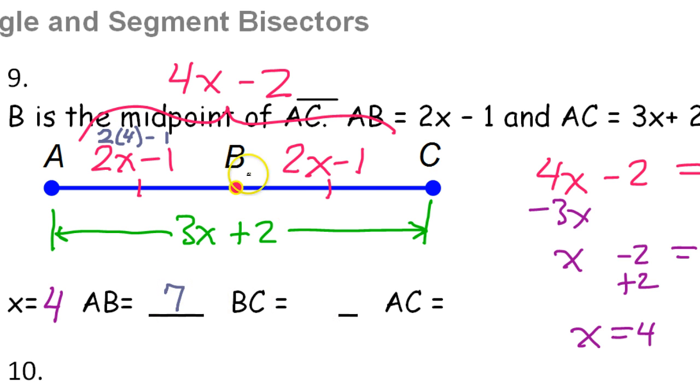And of course, BC is going to be the same exact thing because it's the midpoint. So the length of BC is also 7. Now, AC is the whole deal. So if this is 7 and this is 7, all the way from A to C is going to be 14. So that's how you would do number 9.